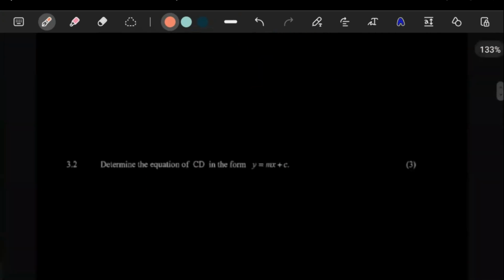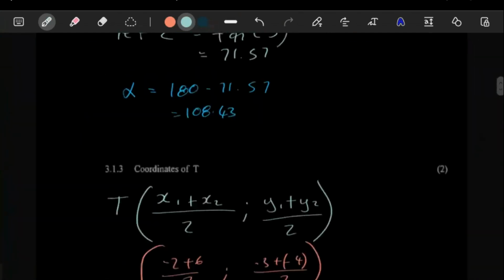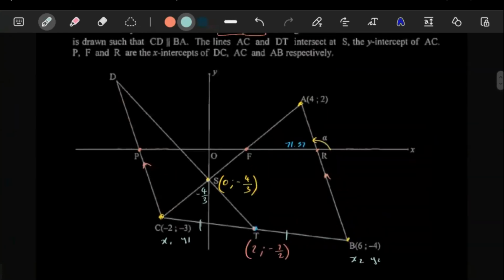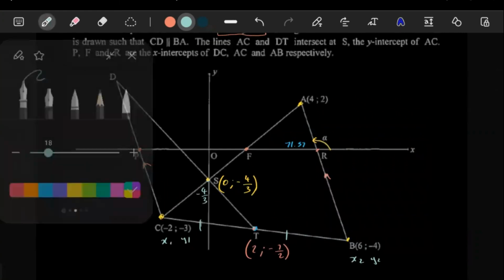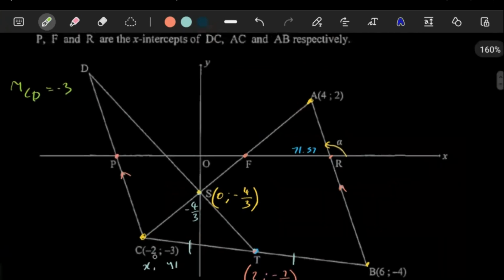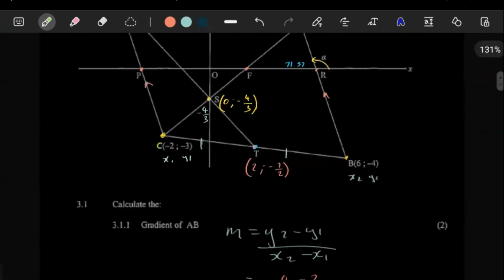3 marks. 3.2 says determine the equation of CD in the format y is equal to mx plus c. So CD, fortunately, you already have its gradient because it's the same gradient as AB. So the gradient of CD is just negative 3. You want a coordinate that the graph passes through so that you can put that into the equation of your straight line.